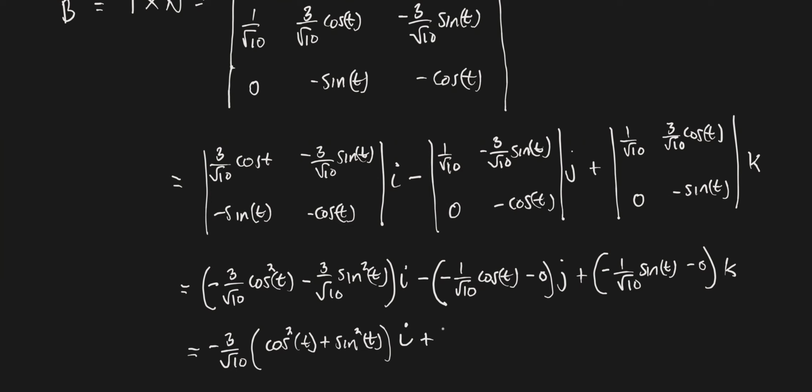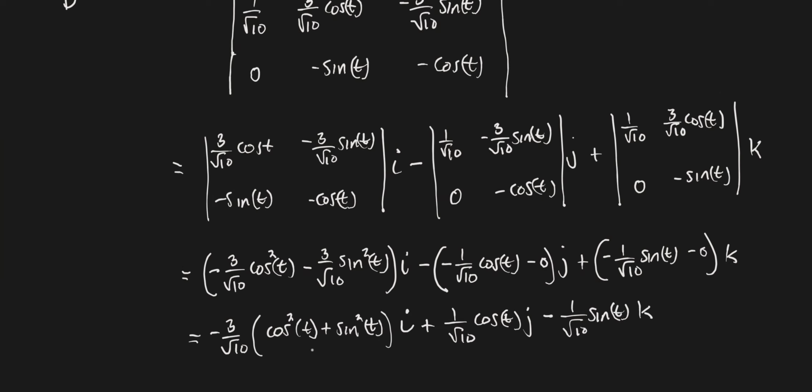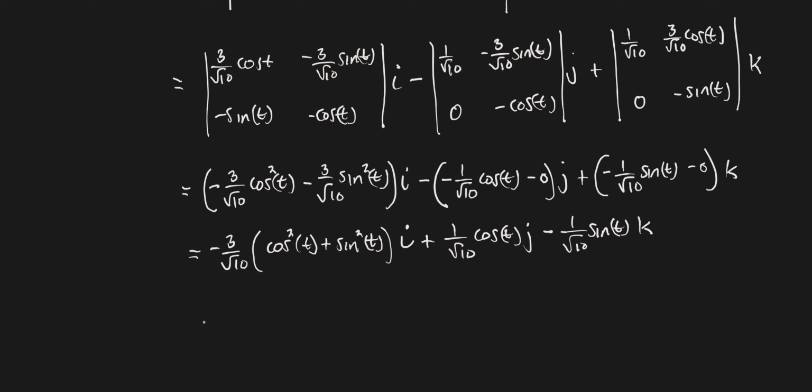So this becomes a plus 1 over root 10 cosine of t j. And then there's a negative 1 over root 10 sine of t k, right? And then, of course, we're going to simplify this. So I'll write the final answer using the angled bracket so that it looks like all the other ones.